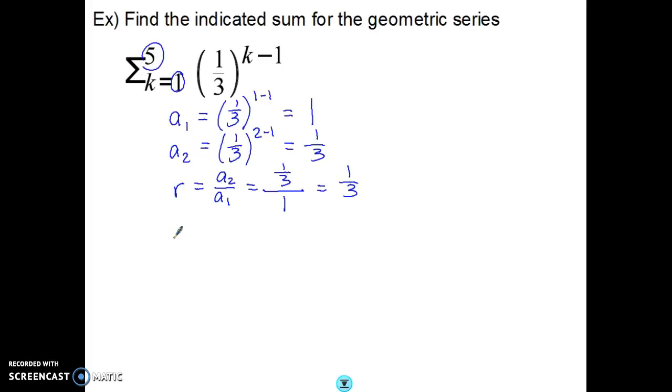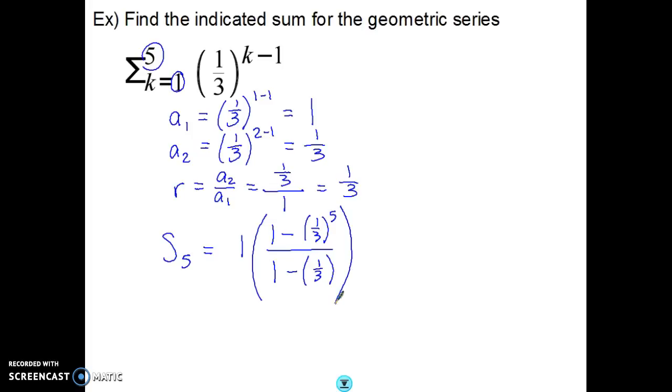So our summation here of the first 5 terms is going to be, if we fill in our formula, a sub 1 is 1. Then we have 1 minus r to the n, in this case is going to be 1/3 to the 5th. And then at the bottom we have 1 minus r, which is 1 minus 1/3. We can keep going from here.